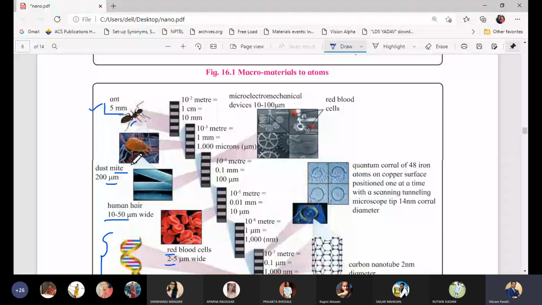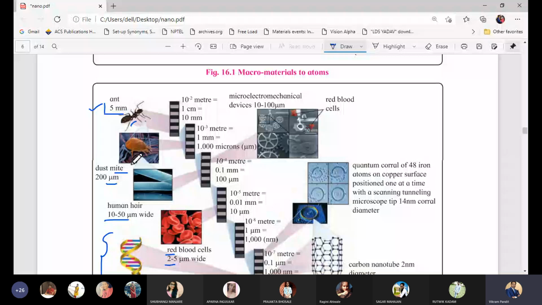This scale is given in meter, nanometer, angstrom, and micrometer. So we can play with this and convert all these into another scale that we are able to write or measure, right?